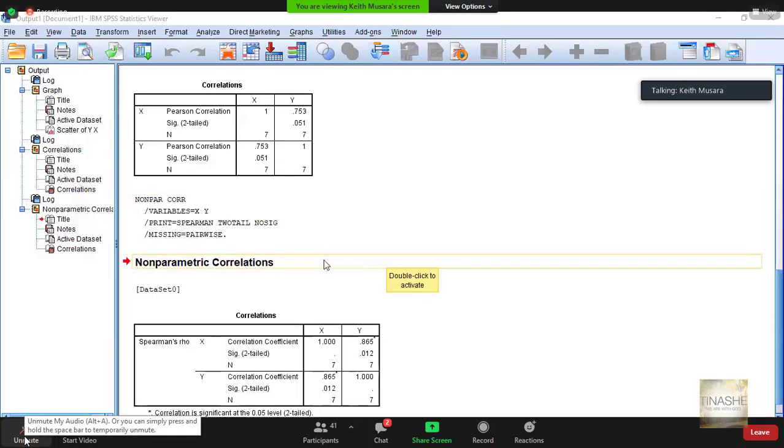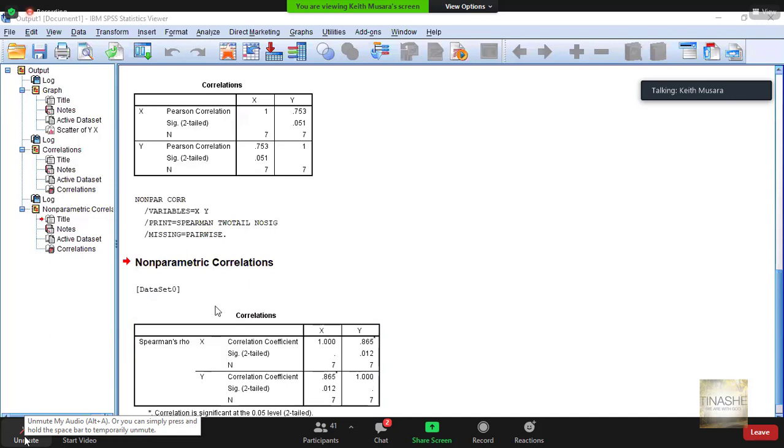The table above shows you the results of the Pearson's correlation, and the table below shows you the table for the Spearman's rho. So there are two tables. You're looking at Pearson and Spearman.